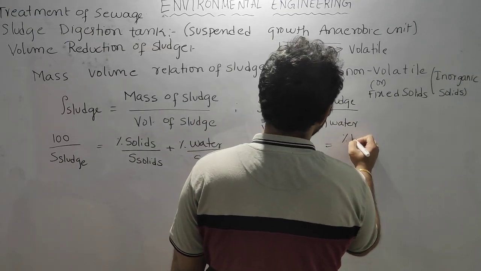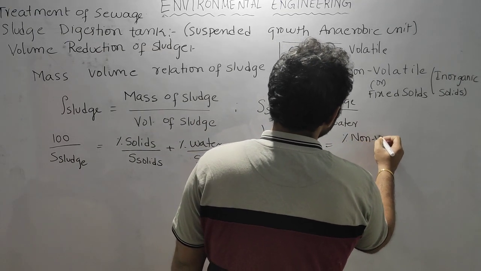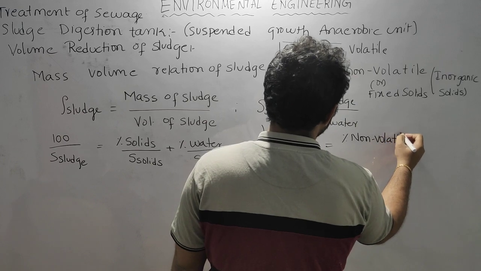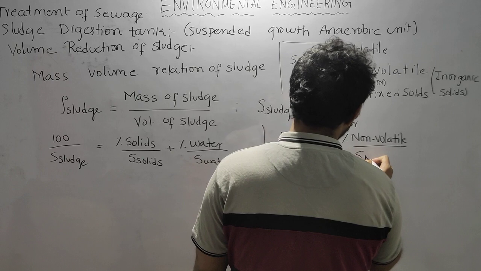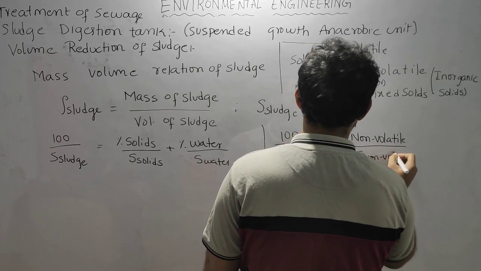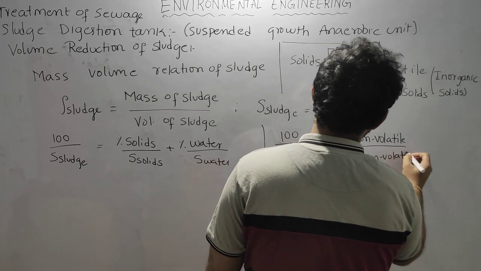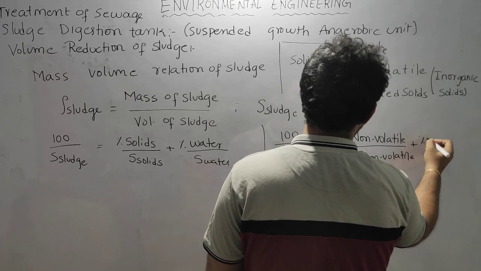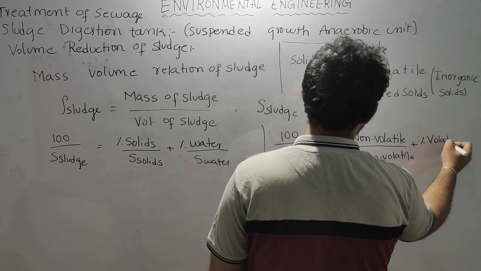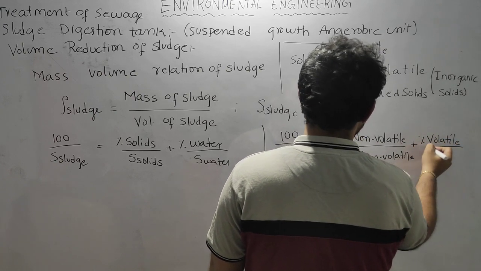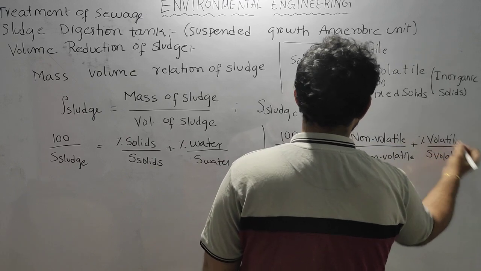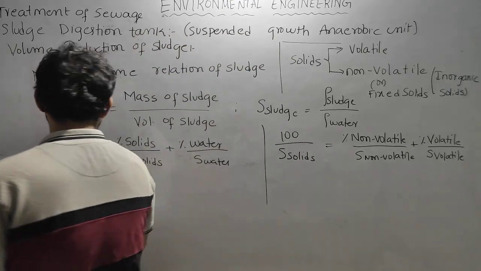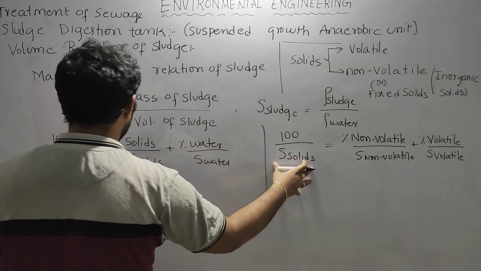So percentage of non-volatile by specific gravity of non-volatile plus percentage of volatile by specific gravity of volatile solids. So in this way we can find the specific gravity of the solids.